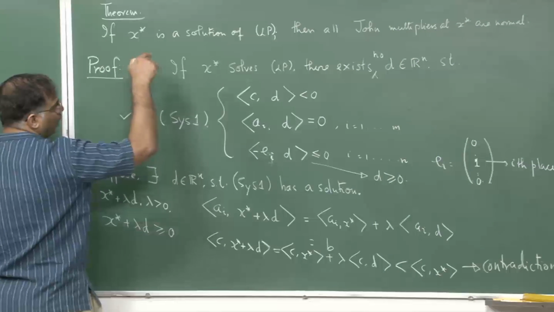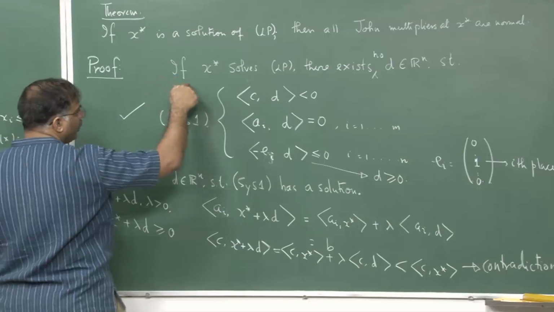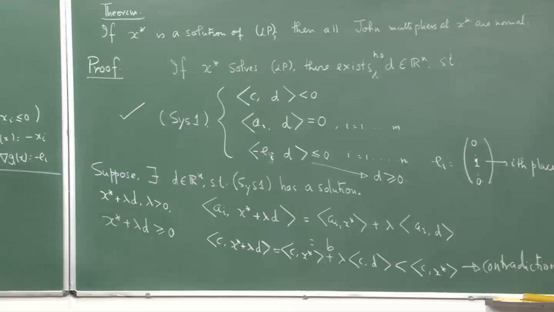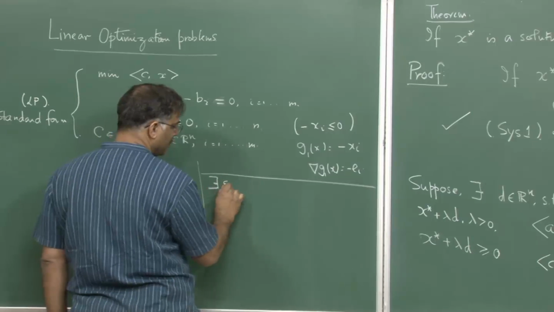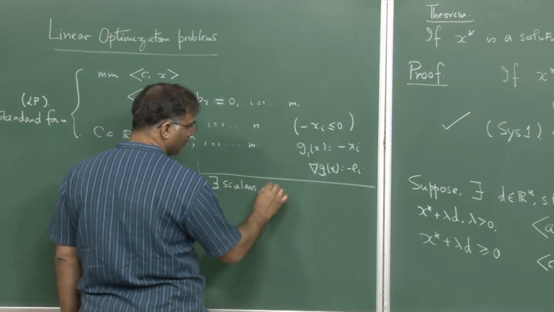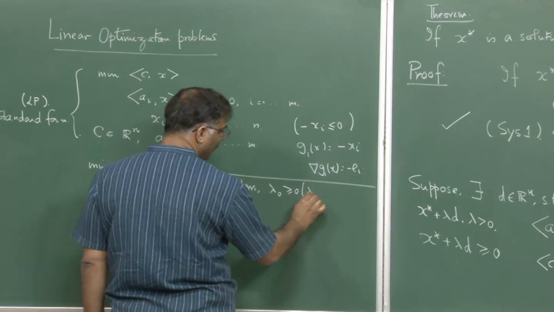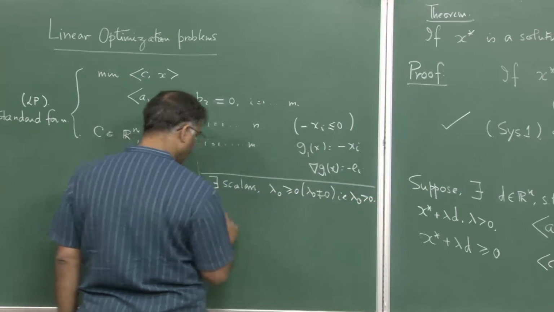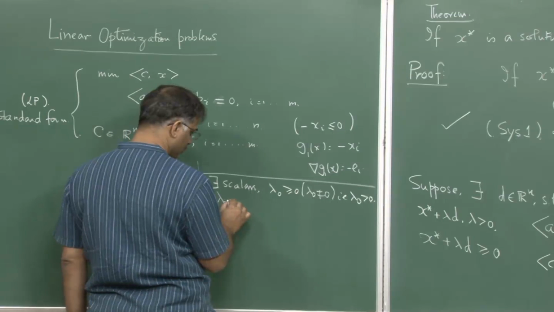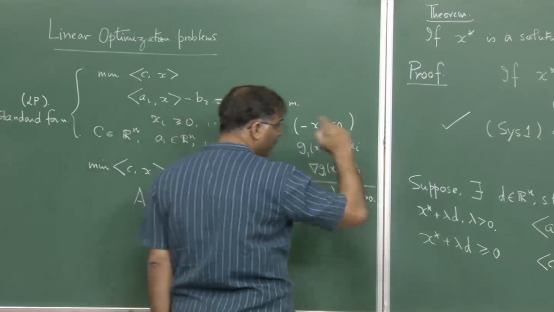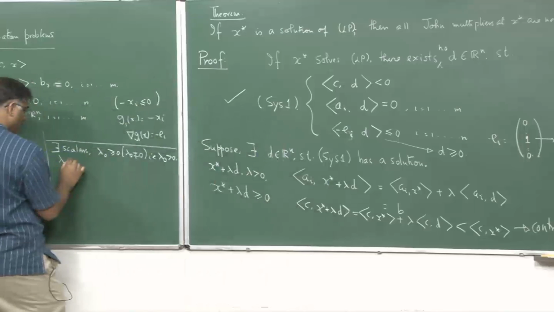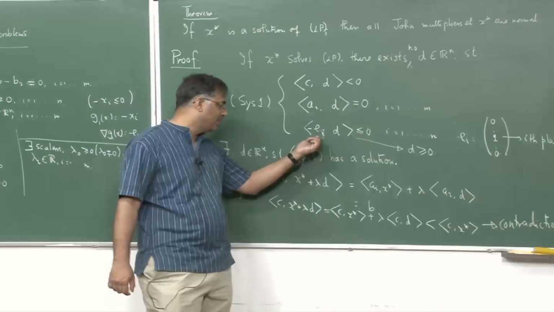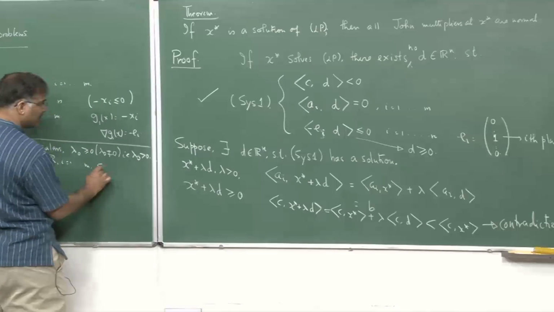Now, I would again observe this fact that if this system does not have a solution, Motzkin's alternative theorem will immediately tell me that there exist scalars lambda naught greater than or equal to 0 and lambda naught not equal to 0, which means lambda naught is strictly greater than 0, lambda I in this particular case element of R, I equal to 1 to m, and Si element of R, because this is a less than or equal to 0.